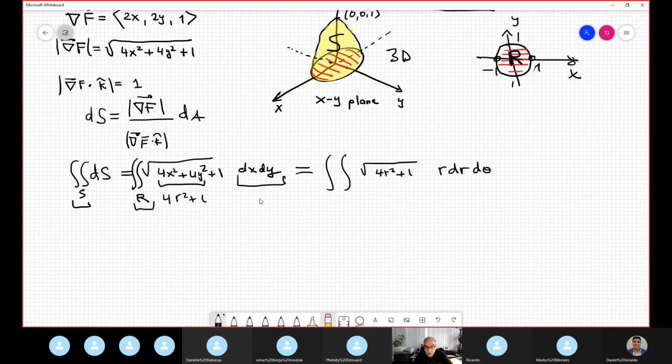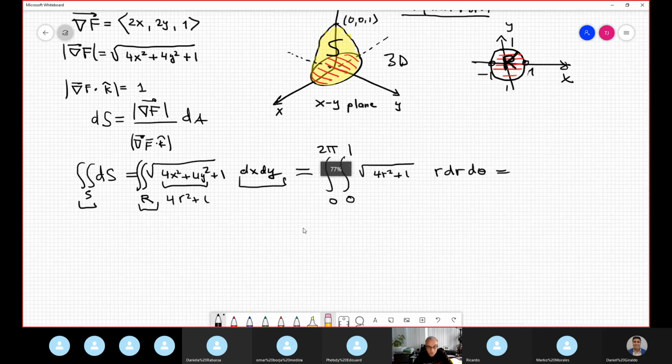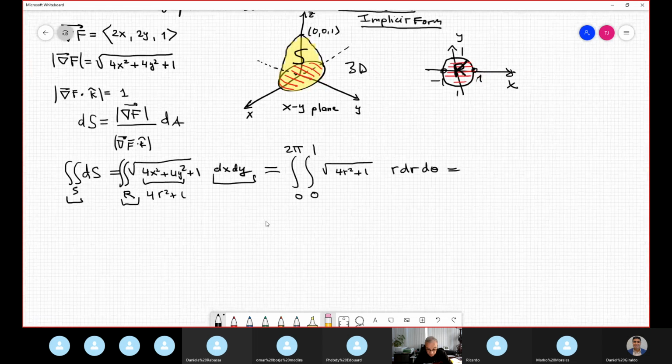And the limits: r varies from 0 to 1. Look at that. Unit circle. And theta varies from 0 to 2 pi. The rest is Calculus 1. Oh no, Calculus 1, because it's easy because you can separate. But I don't want to waste the time. It's not the most important thing to discuss today.